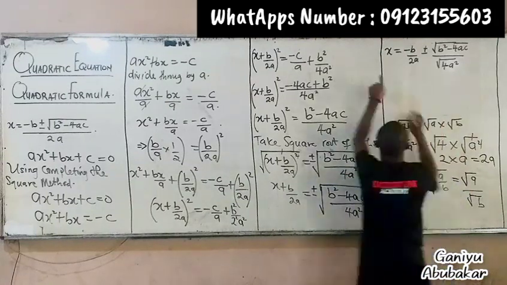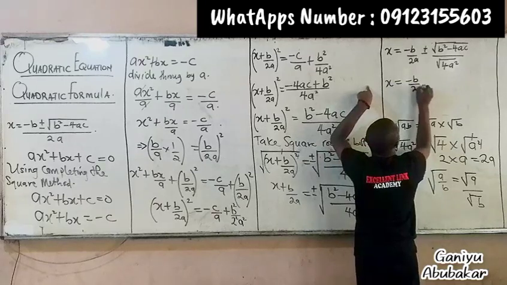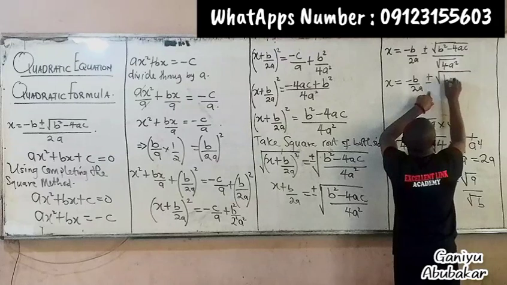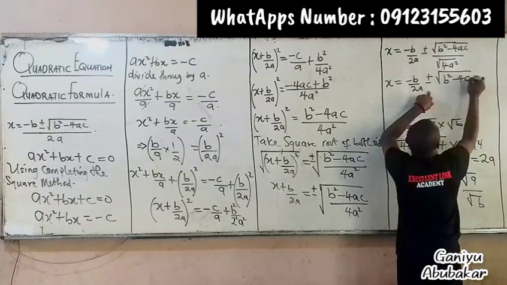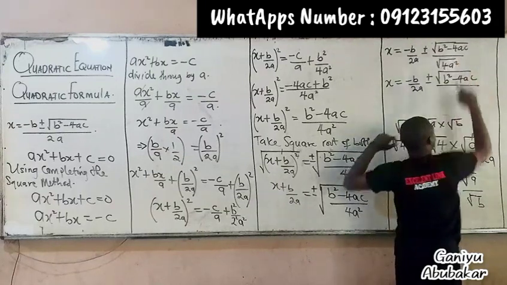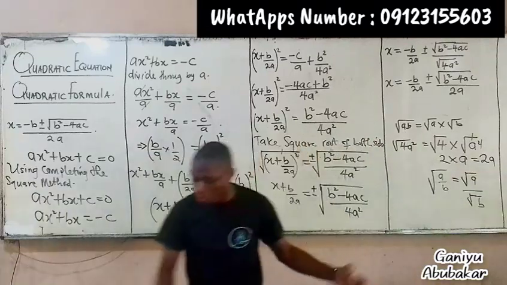Hence, I'll have that x is equal to negative b over 2a plus or minus root b squared minus 4ac over 2a. I have 2a here and 2a there.